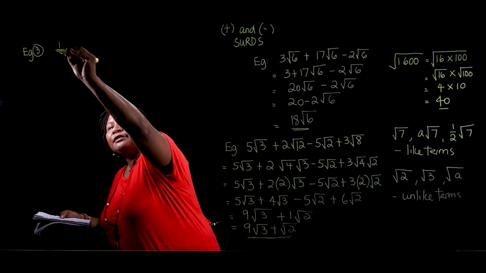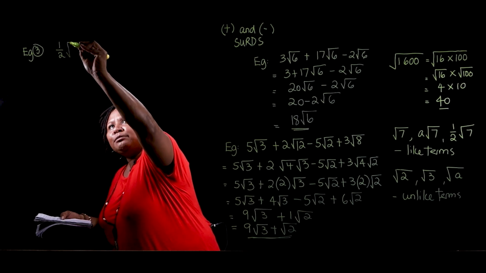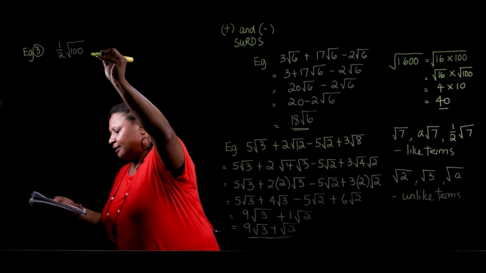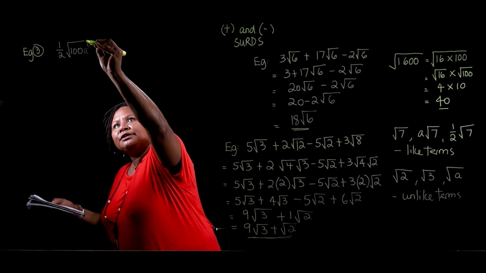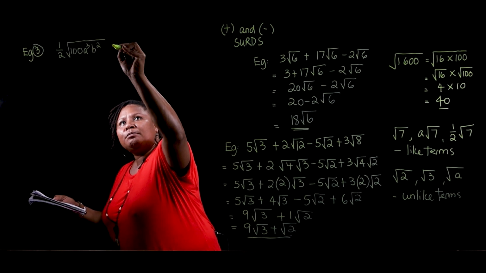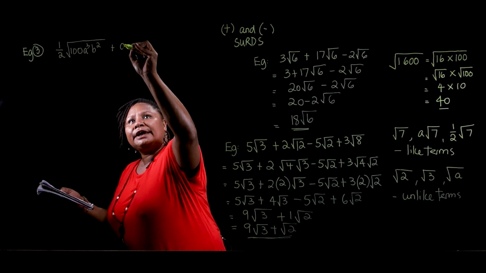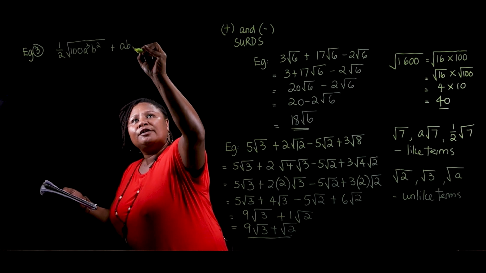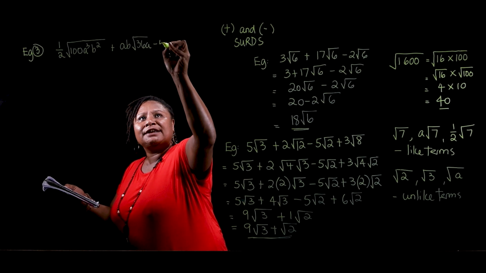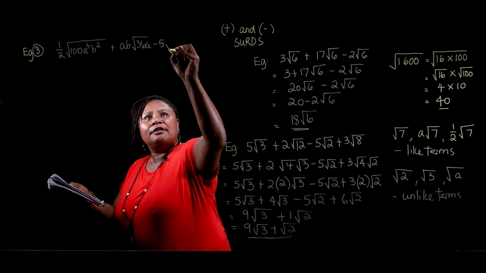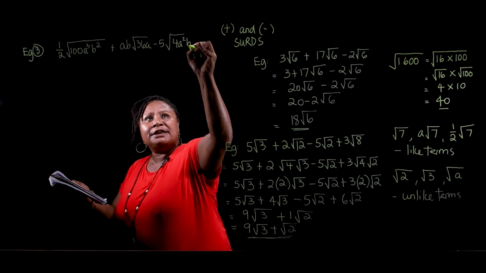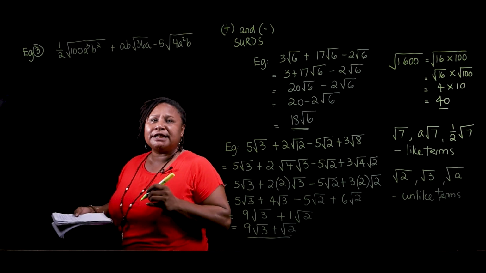Okay, so we have half multiplied by √100a³b² plus ab√36a minus 5√4a²b. Okay, all under the root sign.